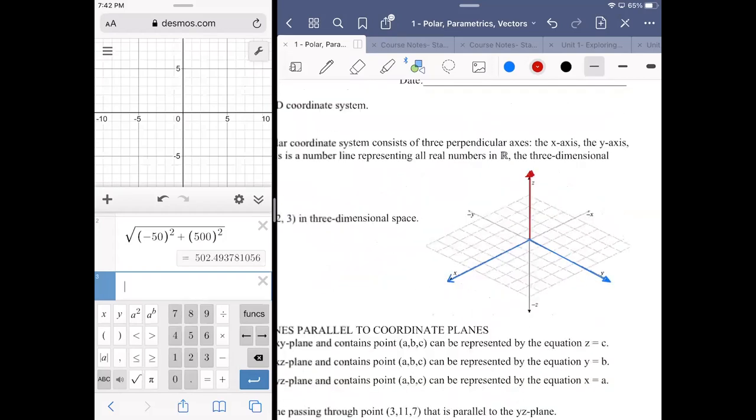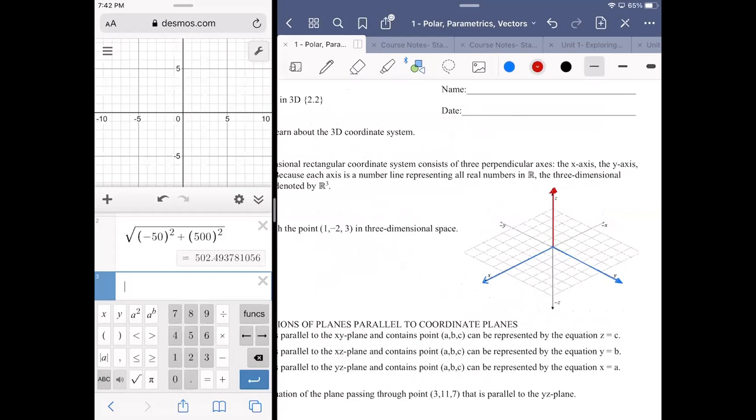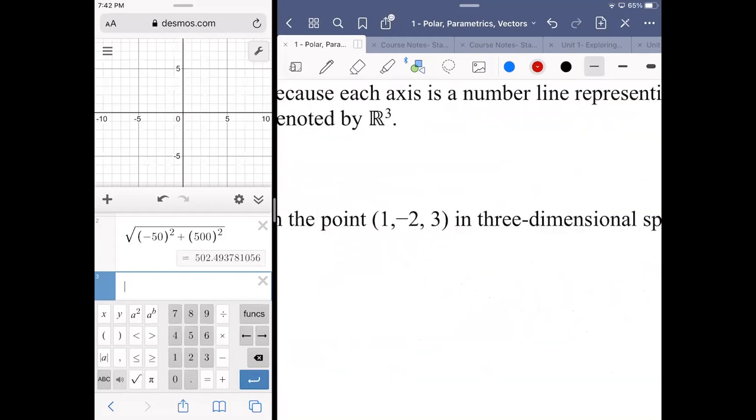So when I want to plot points, all I'm really doing is following the recipe laid out based off of the coordinate system. So this is going to be when I say 1, -2, 3. This is 1 unit along the positive x-axis.